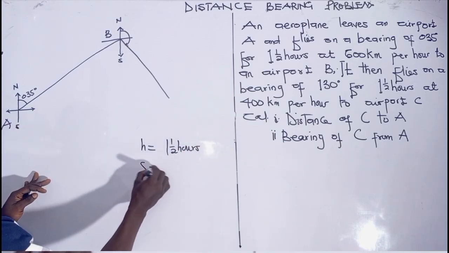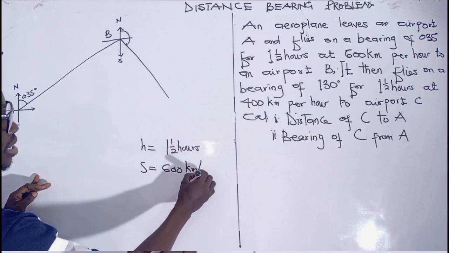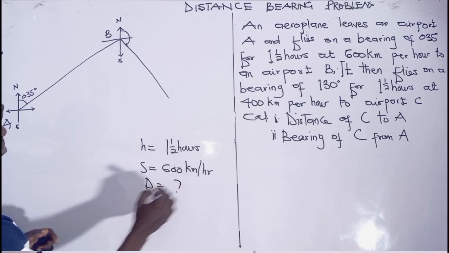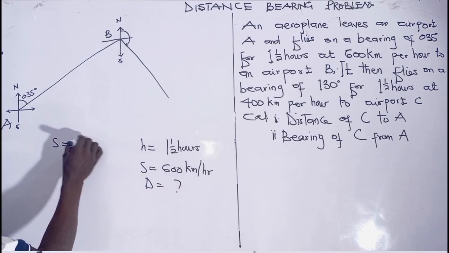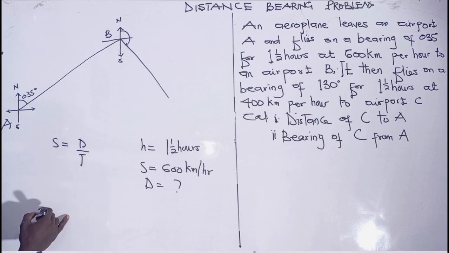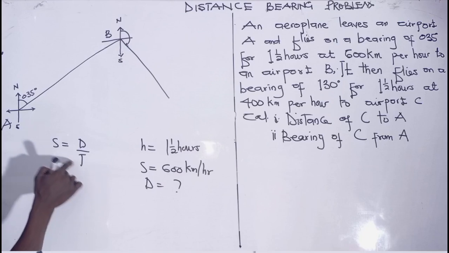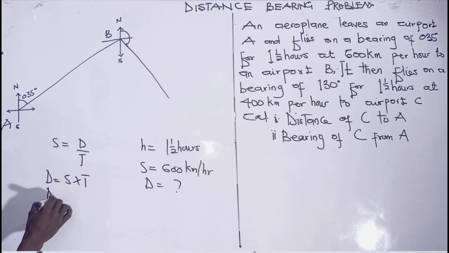So the speed is what? 600 kilometers per hour. We don't know the distance. We know that speed is given as distance all over time. So from here, when we do some simple change of subject, we get our distance to be speed times time. So we have our distance.